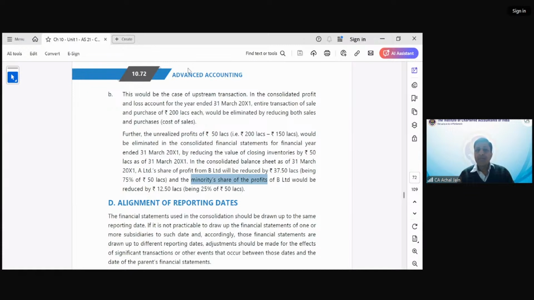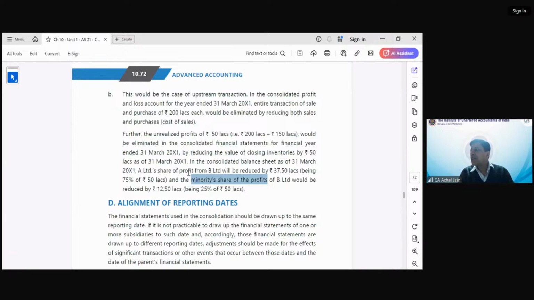Everyone clear? Okay, so then I can see this query from Ram. Ram is asking, sir, if the holding company follows FIFO method for inventory valuation and subsidiary follows weighted average, in such a situation, if there is not much of a difference in the valuation of inventory, is it okay?